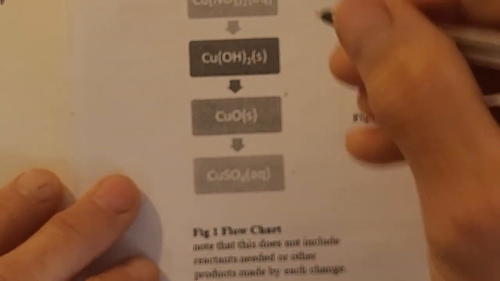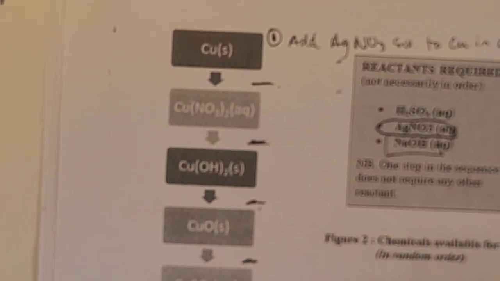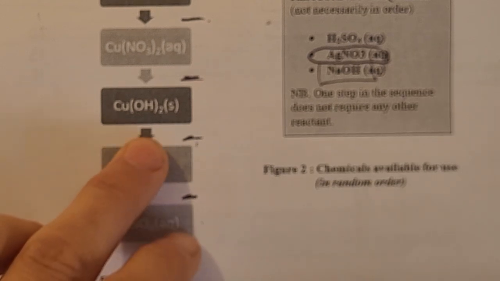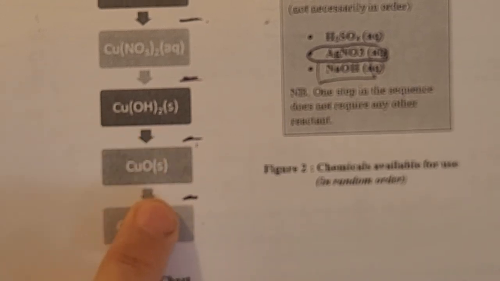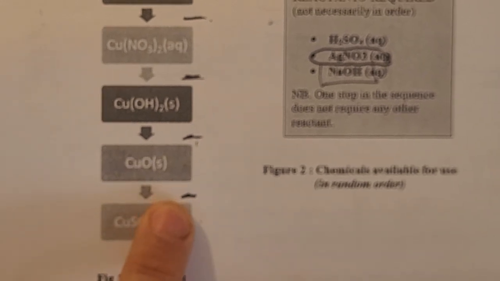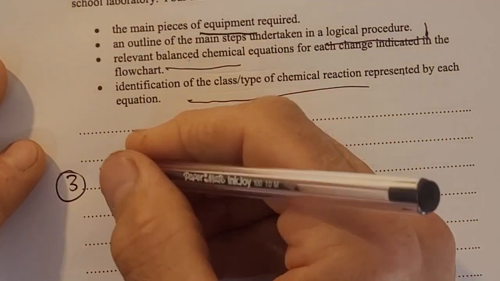So how many steps do we want? We want 1, 2, 3, 4 major steps. So let's go to step 3. Now I'm just outlining it here. How do we go from hydroxide to a copper oxide? Well, you can heat it.